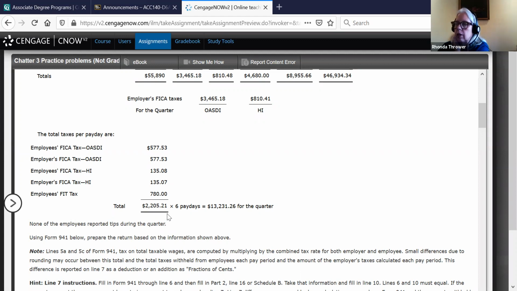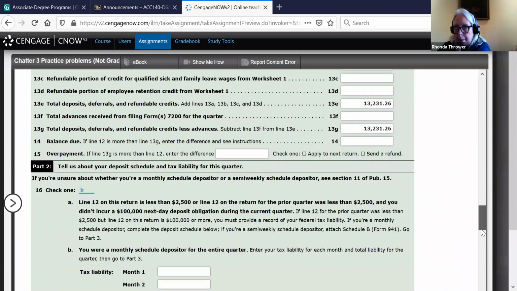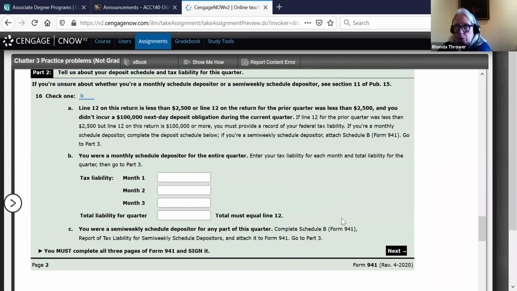If they're paid twice a month, they're paid semi-monthly. The amount of taxes that would be withheld for the entire month would be twice this amount. So you have to multiply this by 2 to get what would be filled in here.